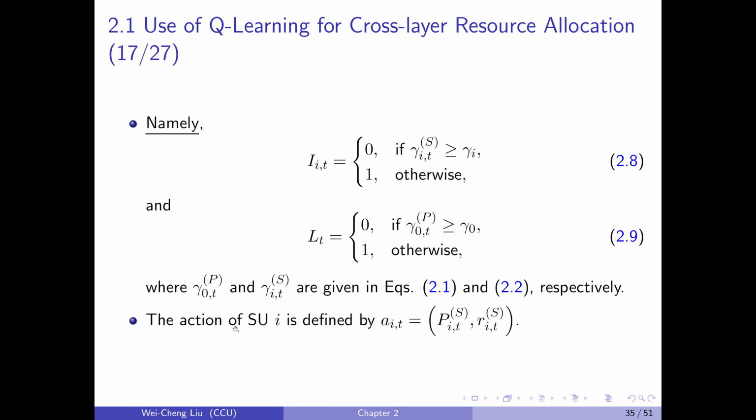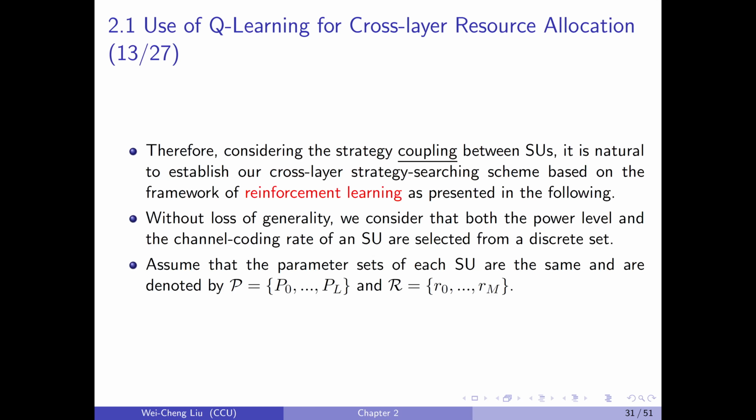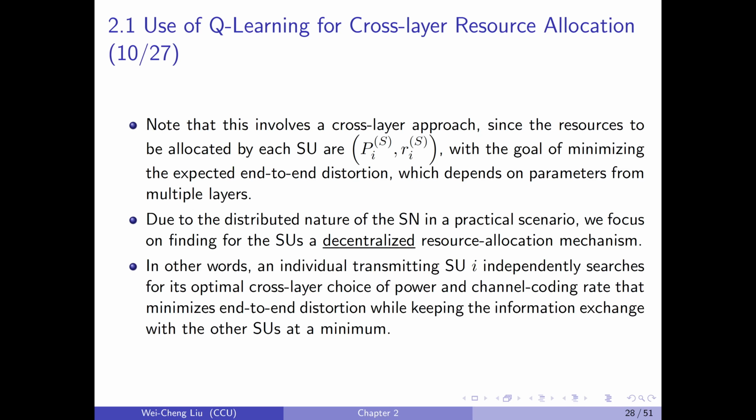The action of secondary user i is defined by a_i^t, which is the action of secondary user i at time t, equal to (P_i^t,s, R_i^t,s). Then what is P_i^t,s? Let us search for the slide to review what P_i^t,s is.